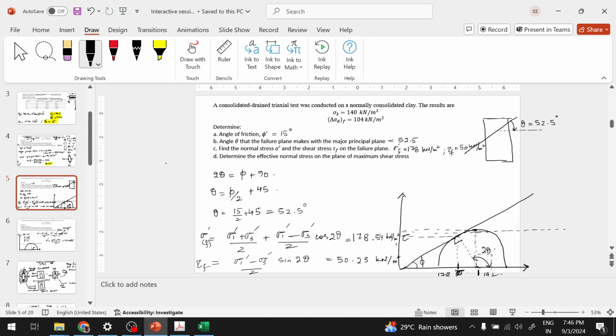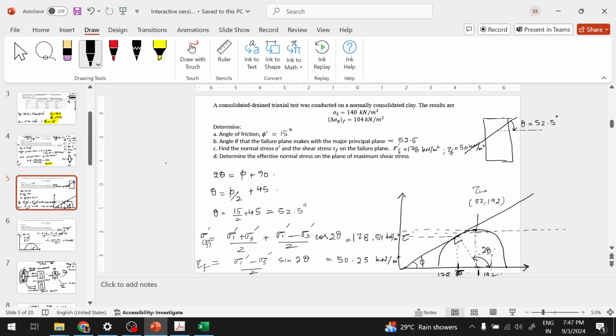And for tau max, it is 244 minus 140 over 2, which is 52. So the tau max is here. This is 52, 192.